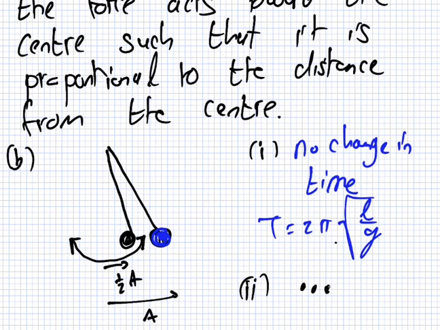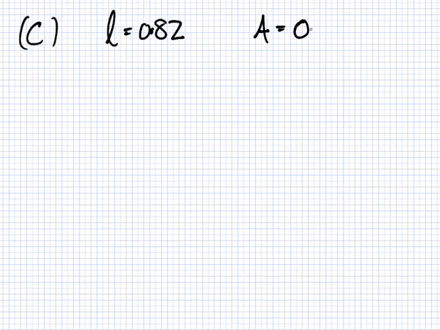Okay. Can I scroll down to the C part? Okay. C part. Now we're given the length and we're given the amplitude. These are all meters. Super easy.